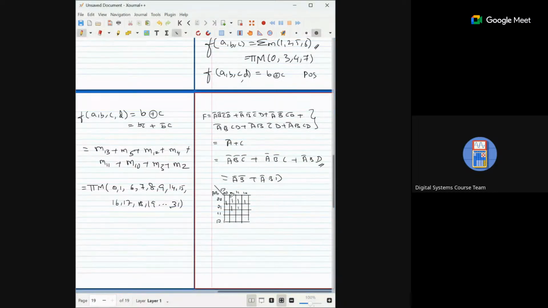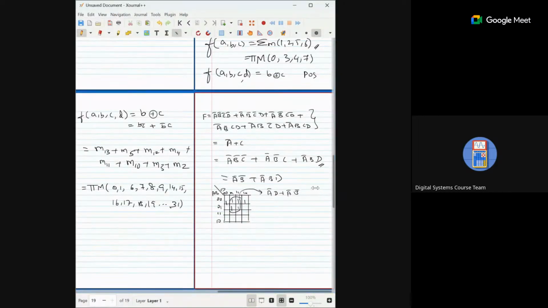If I connect these, I'll get the answer as A bar D plus A bar B bar.